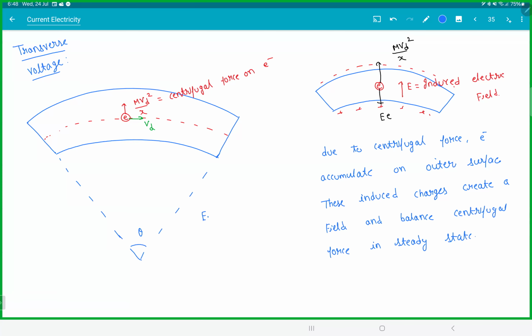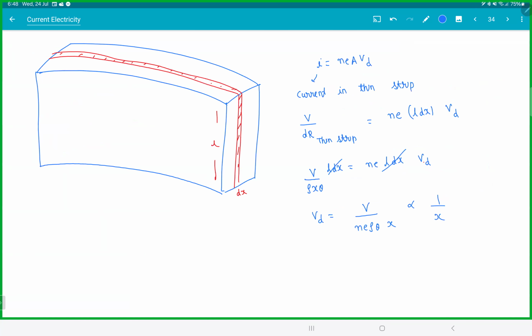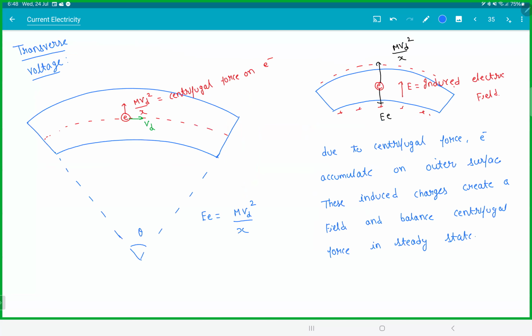So E into e would be m v d square by x. V drift is again proportional to 1 by x.